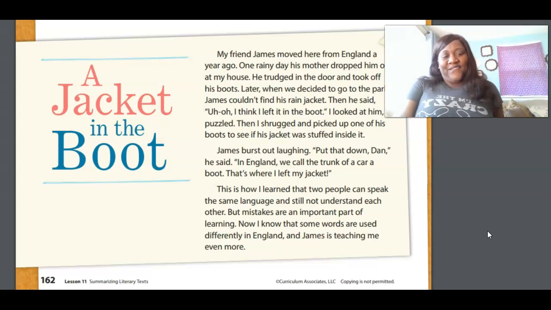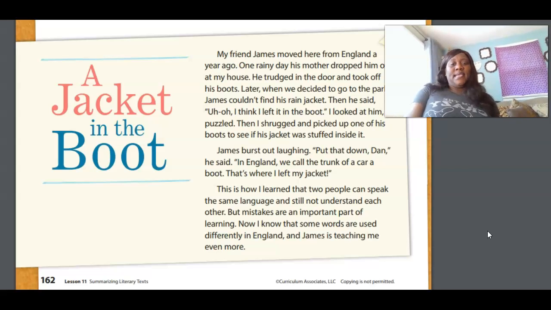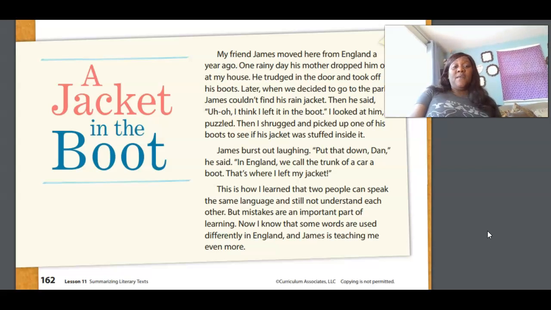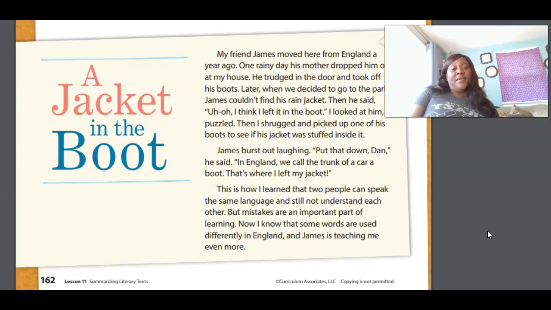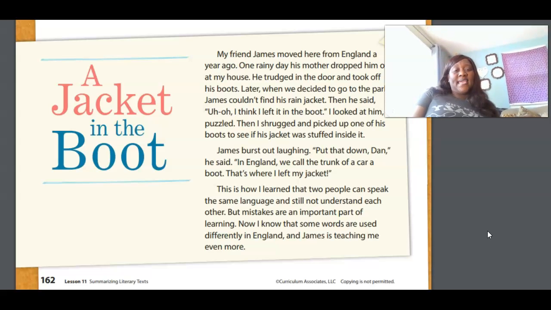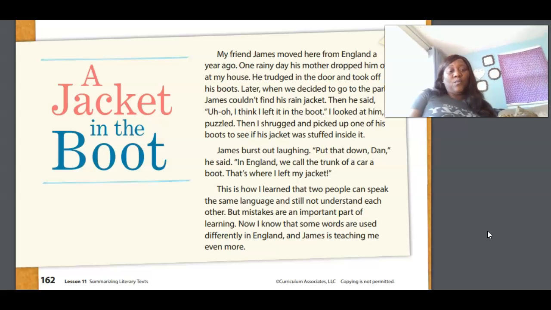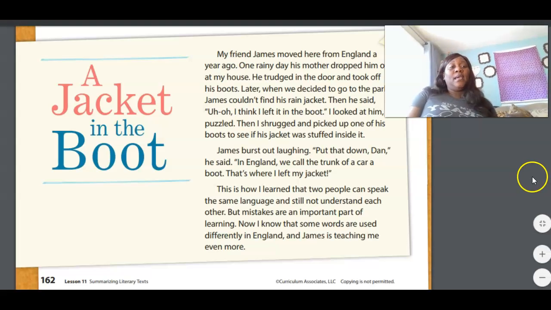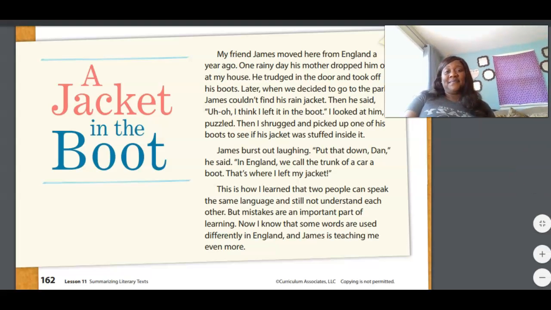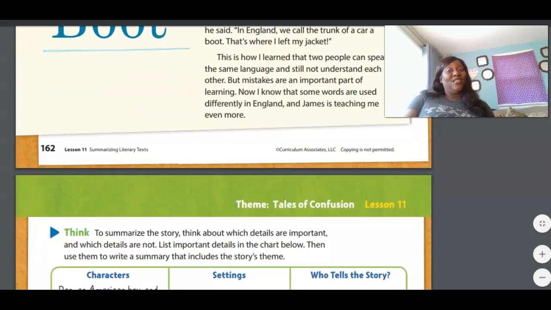James busted out laughing. "Put that down, Dan," he said. "In England, we call the trunk of a car a boot. That's where I left my jacket." This is how I learned that two people can speak the same language and still not understand each other. But mistakes are an important part of learning. I know that some words are used differently in England, and James is teaching me even more. A jacket in the boot.